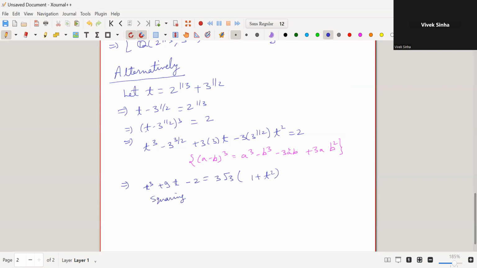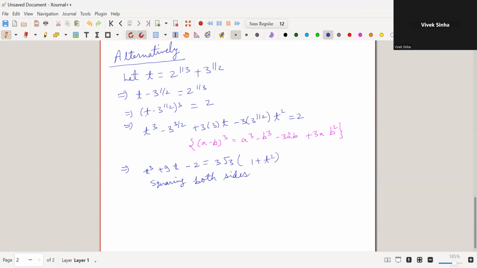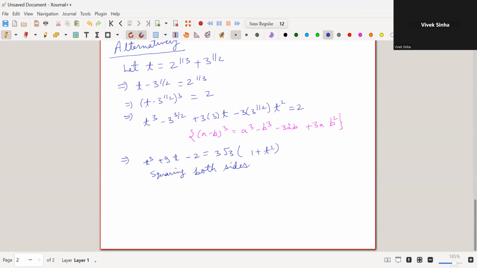Squaring both sides, this implies (t cube plus 9t minus 2) squared is equal to 27 (1 plus t^4 plus 2t squared).